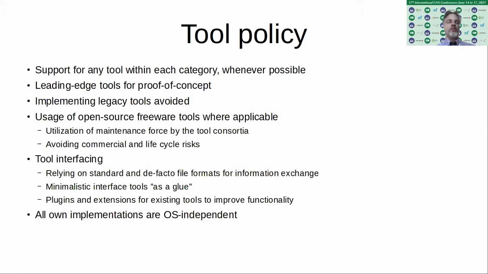And we have, of course, concentrated on the use of leading edge tools. That's why we are using them also in the proofs of concept. And we have tried to avoid, let's say, large monolithic legacy tools, because they are always a problem due to the missing openness.